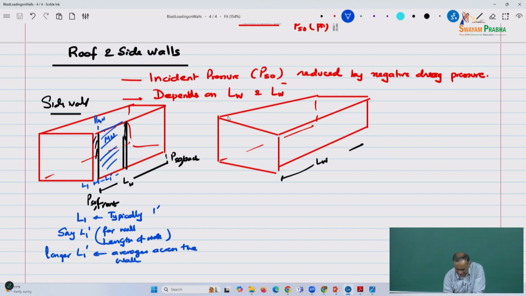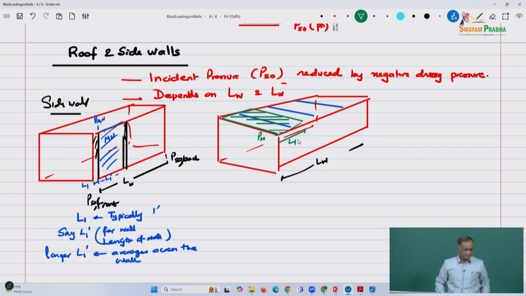When you come to the roof, it's exactly the same thing. Let's say you have steel joists or concrete beams, whatever it is. That particular beam is taking a tributary area over this part, so you probably will calculate PSO here and then use this as L1.